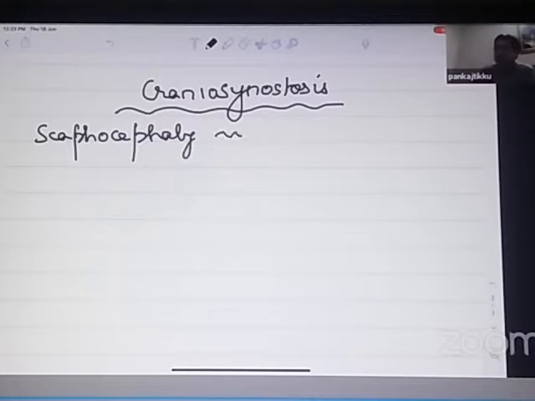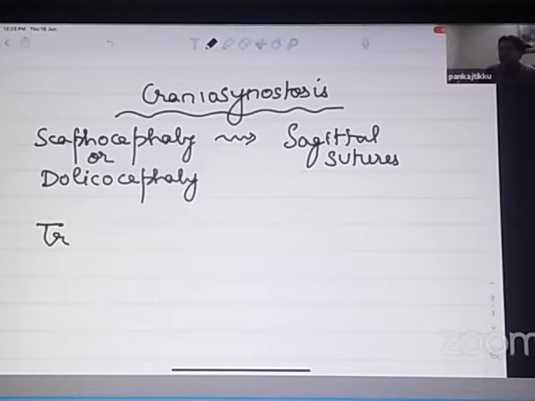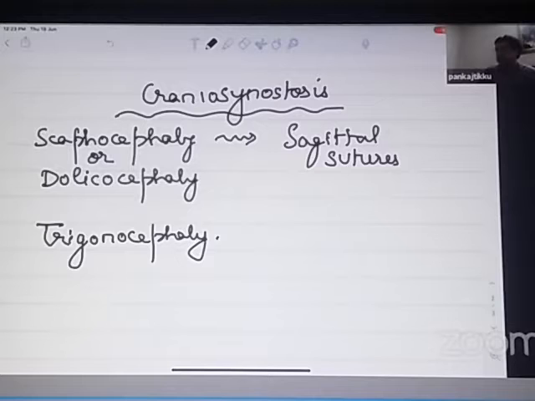So scaphocephaly, premature fusion of the sagittal sutures. It is also known as dolichocephaly. Second, trigonocephaly. Premature fusion of the metopic sutures.